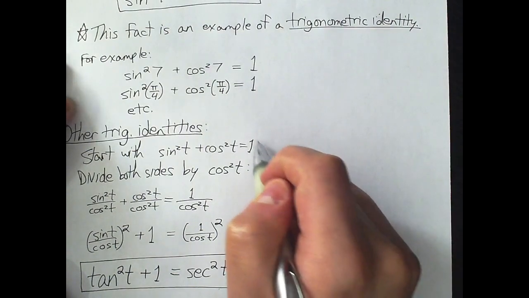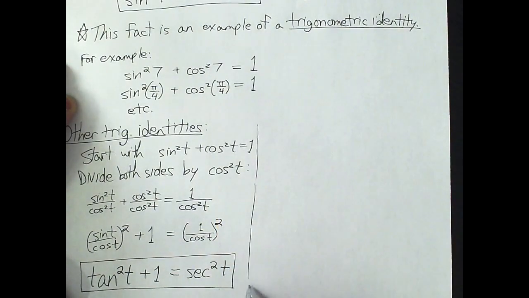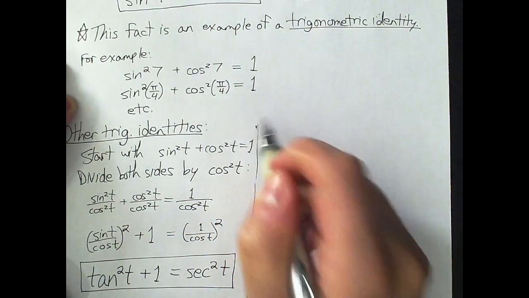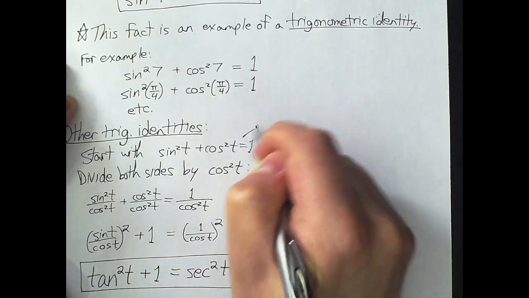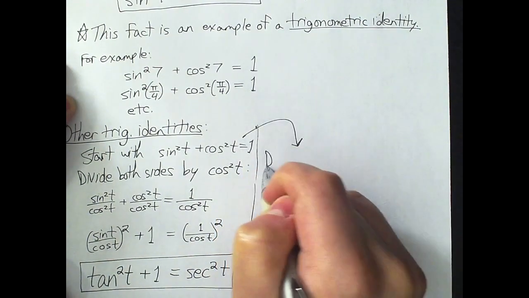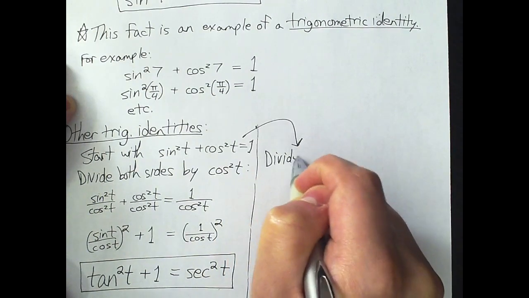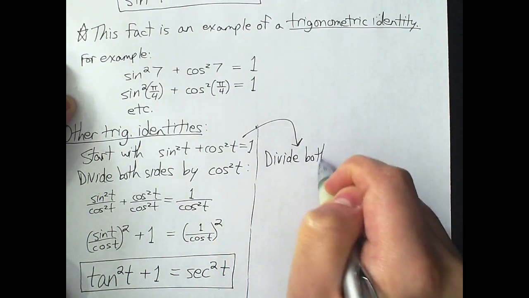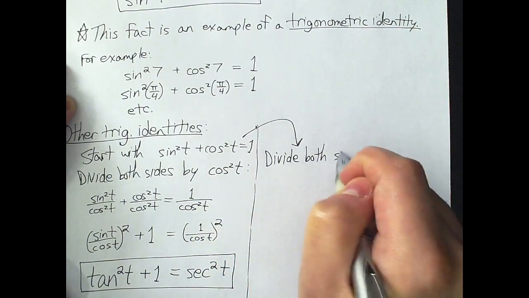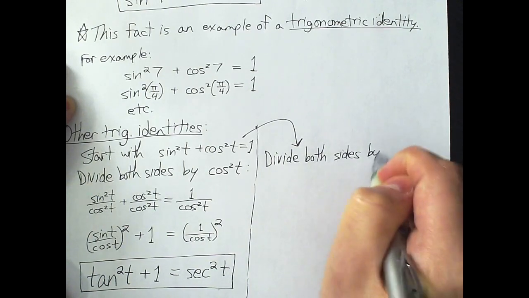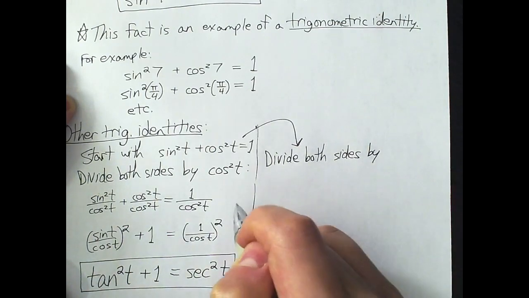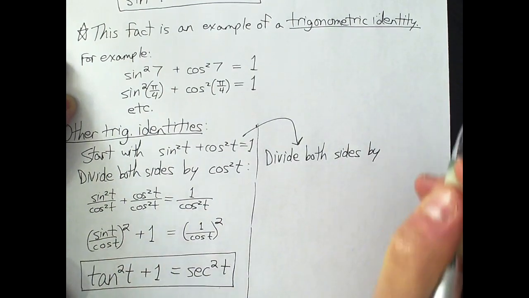Here, I'm going to kind of section this off a little bit. I want to show you something else. What if we took this, and instead of dividing both sides by cosine squared, you could say, why did I divide both sides by cosine squared? Well, I guess I did because I knew it was going to work out and give us something.